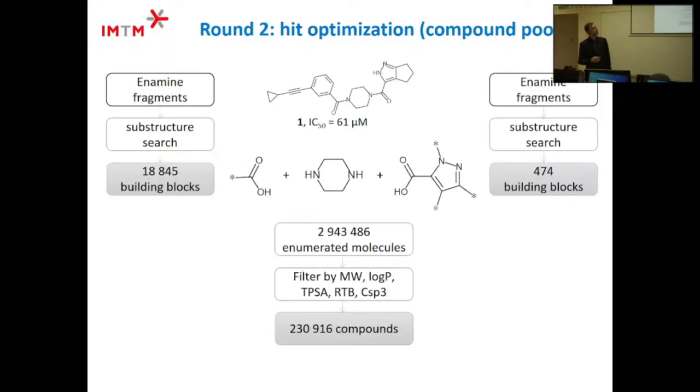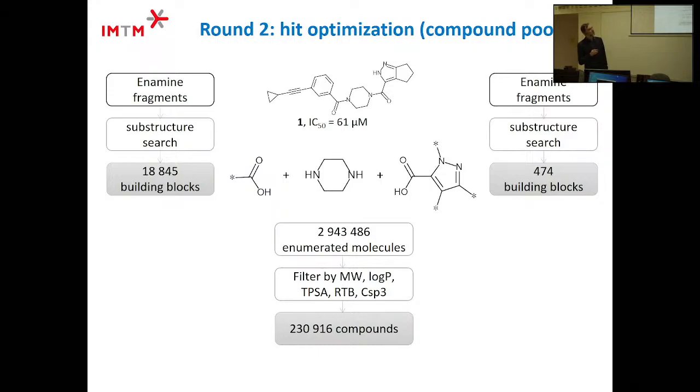And additionally, we enumerated structures using some ideas. So this was our top molecule, which we selected as a reference one, and we decided to decorate this piperazine from one side with the pyrazole carboxylic acid, from another side with ordinary carboxylic acid.